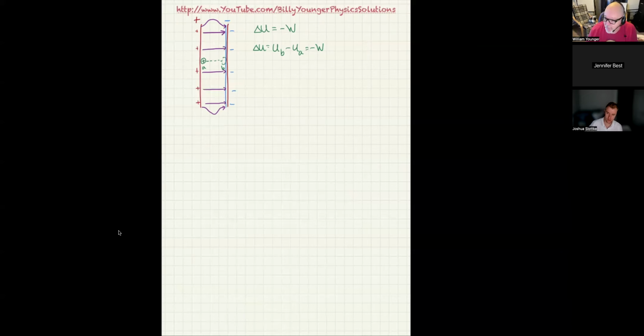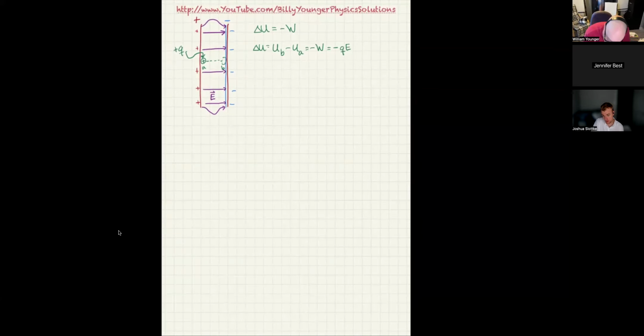But we know F in terms of the electric field, so let's label this charge here. This charge is a positive Q. So the negative of the work is the negative, and then if we take the Q and multiply it by the electric field that exists between the plates, which I'll call E right here, then Q times E is the force.